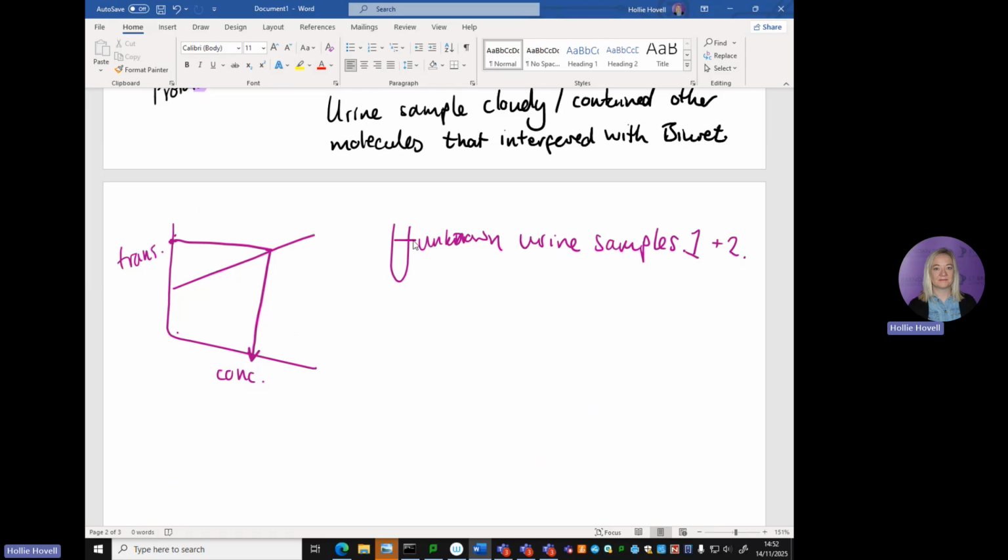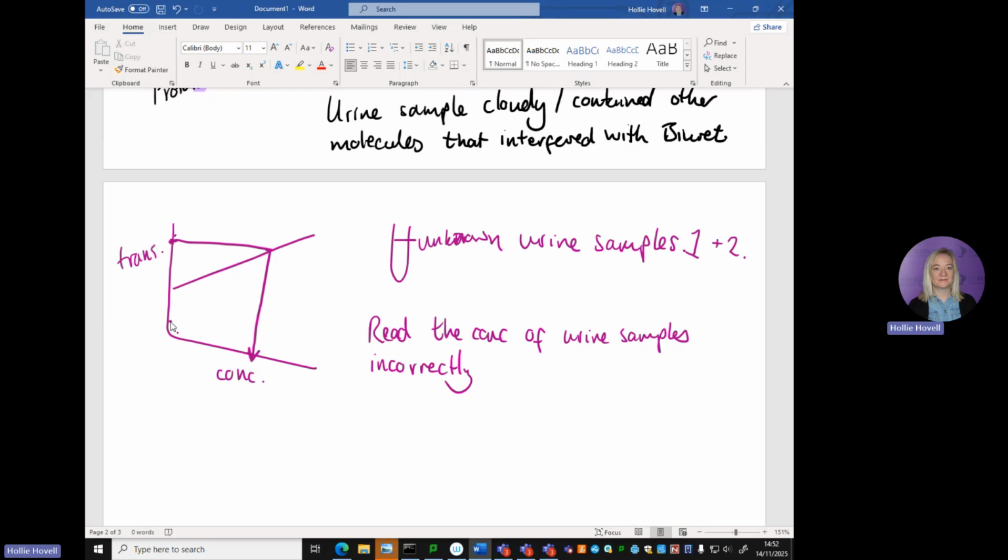So a source of error in doing this process could be that we read the concentration of urine samples incorrectly. So did you draw these lines correctly and accurately?